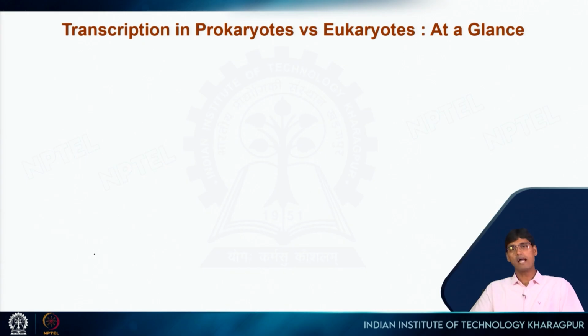And I should also mention the location of this transcription. In case of prokaryote, as we know, we don't have the nucleus. So there we have just one compartment, and as a result transcription is happening there, right? But in case of eukaryotes, in case of human cell, we have the nucleus, and all of us know that DNA is present inside the nucleus.